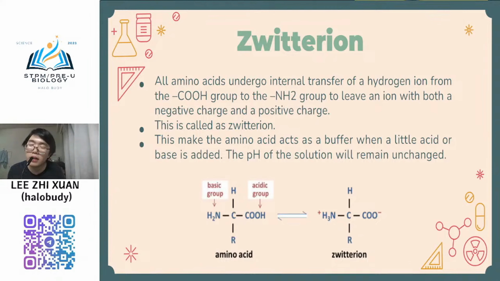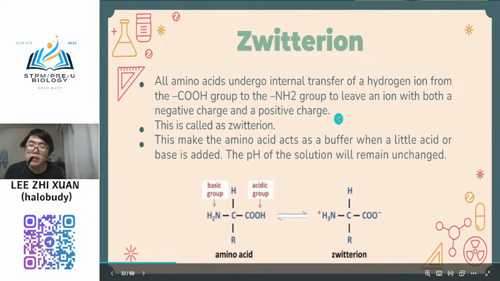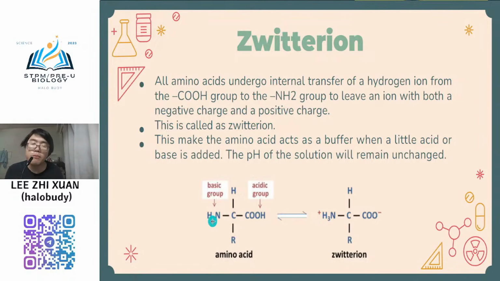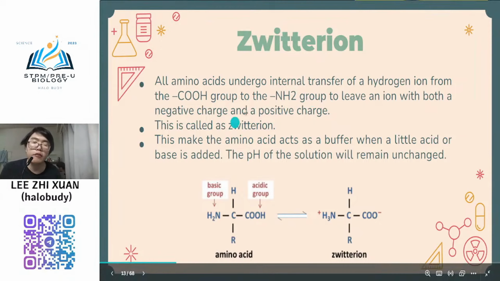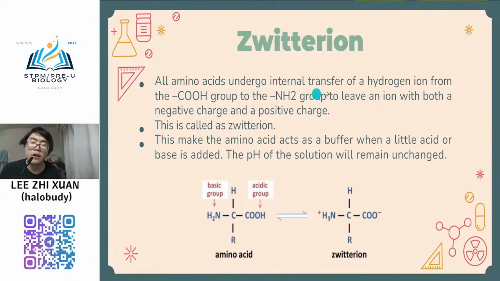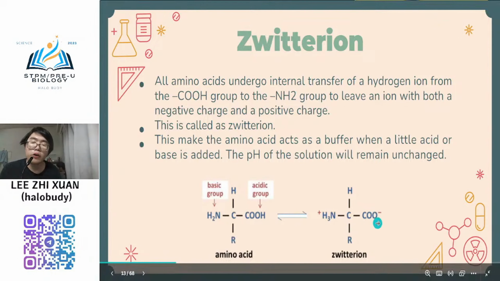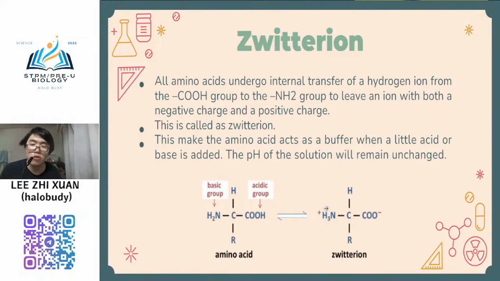This is the basic chemistry theory for acid and base. So in amino acid, because it contains both a basic group and an acidic group, they can form an internal transfer of a hydrogen ion from the carboxyl group to the nitrogen amino group.